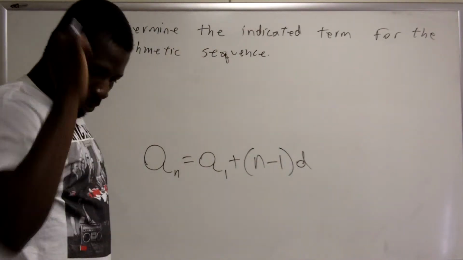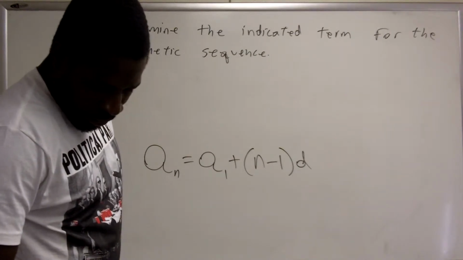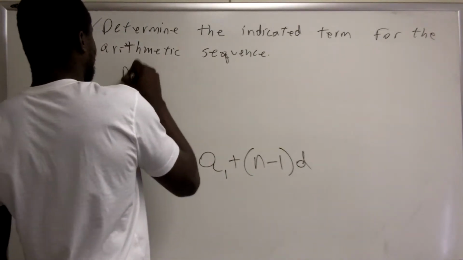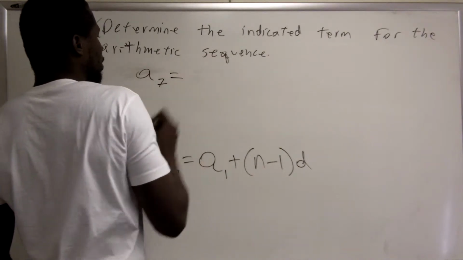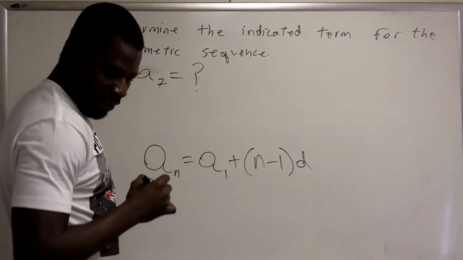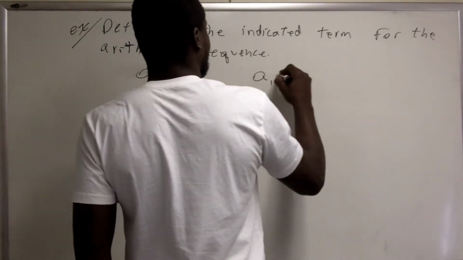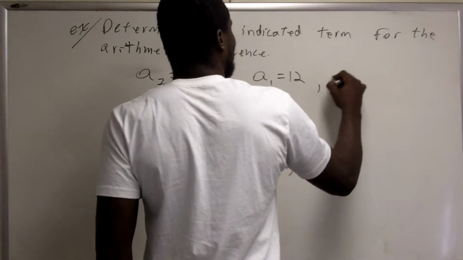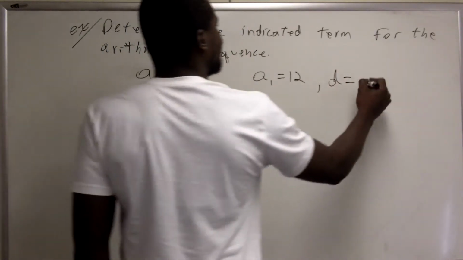All right, let's see what we can do. Let's take a look at this example. We're going to determine A7. We want to figure out what A7 is, and we're being told A1 is 12, and D, the common difference, is equal to -2.